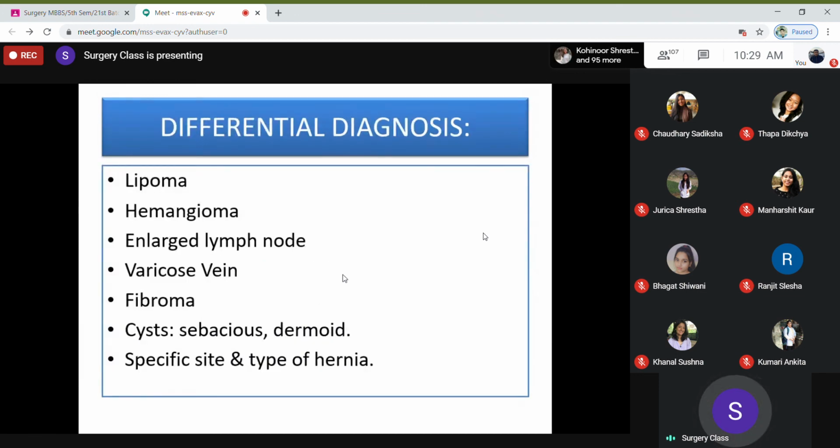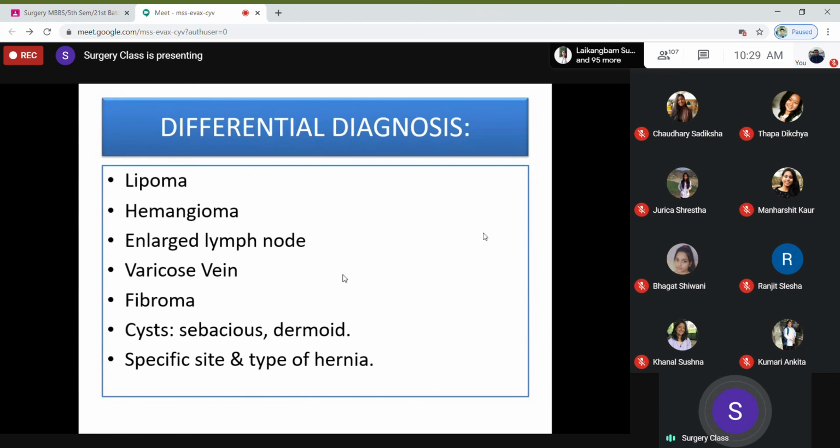Usually when you see an external swelling in any hernia, you have to differentiate it from lipomas, hemangiomas, lymph nodes, varicose vein, fibroma, or cysts like dermoid or sebaceous cyst.